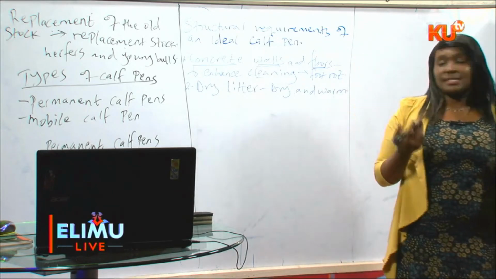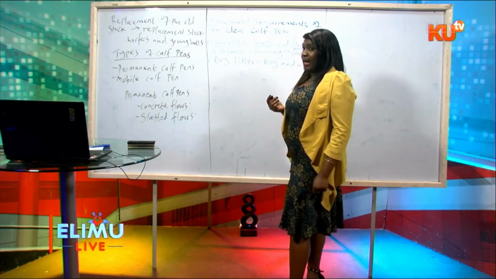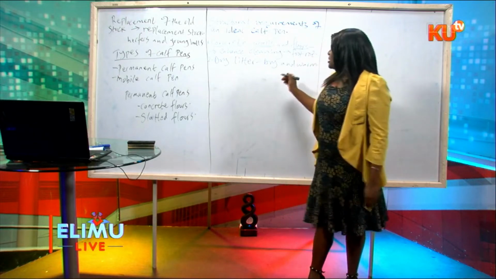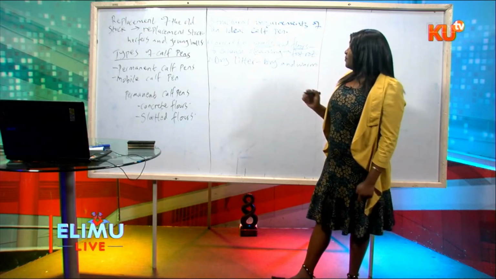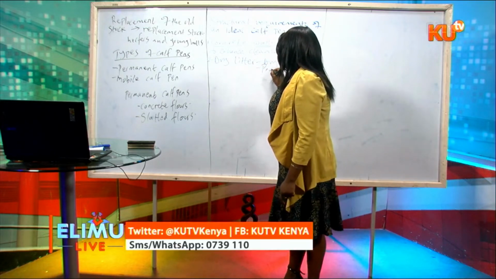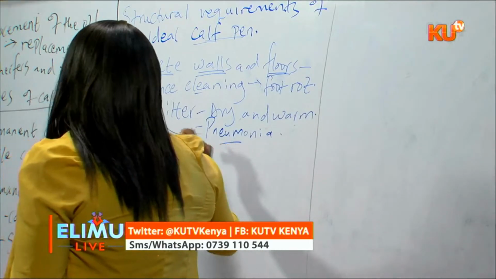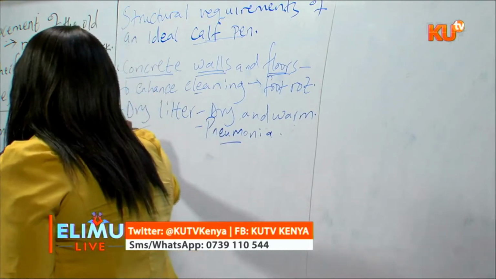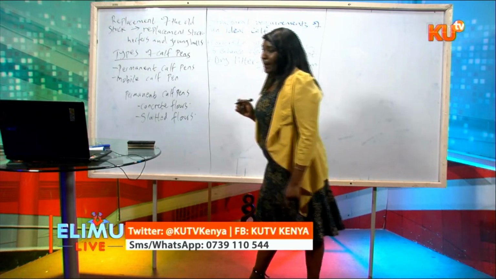Ultimately, you should be asking yourself, why do we need a dry and warm calf pen? The reason is simply because warmth ensures that the animal is healthy. It does not suffer from cold conditions that can cause pneumonia. Damp conditions in the calf pen can cause pneumonia. So you are trying to get rid of the incidences of pneumonia in the calf pen, and that is why we put dry litter. So that is another requirement of a calf pen.